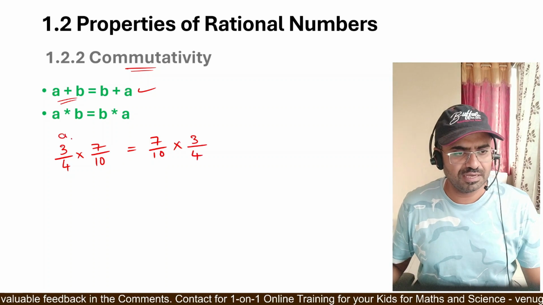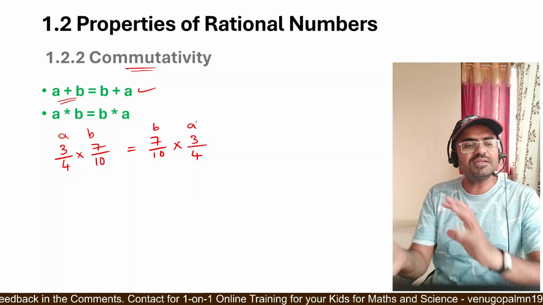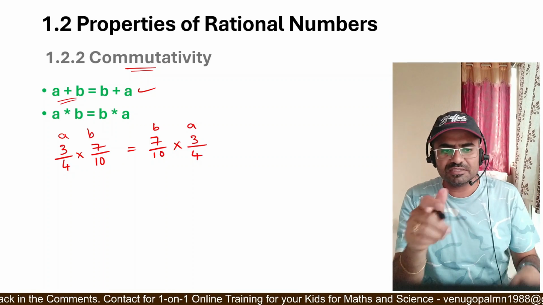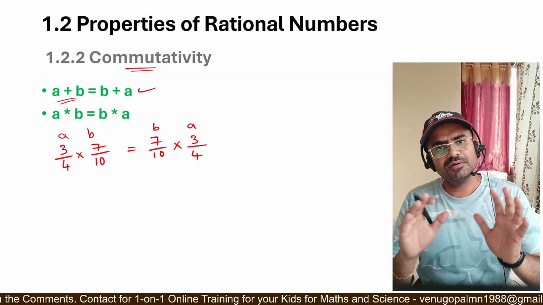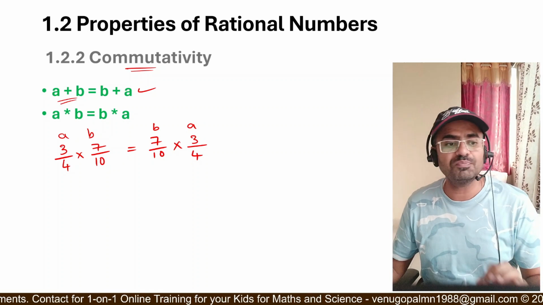This is a and b, and I have written it here in the form of b and a. If you interchange two rational numbers with a multiplication symbol, that also yields the same result. That's what the commutative property says.